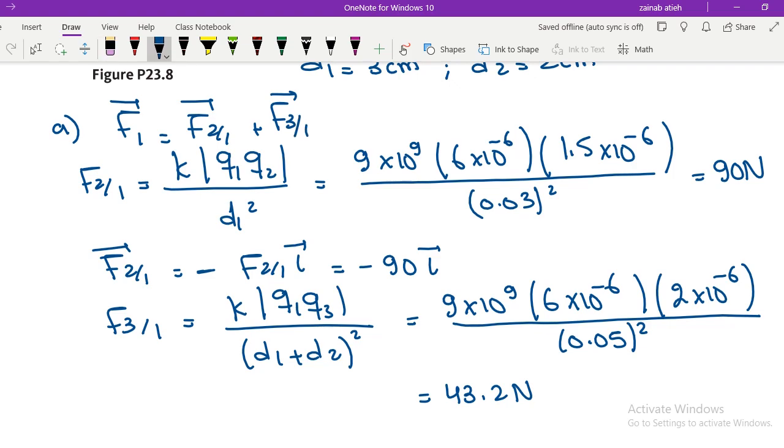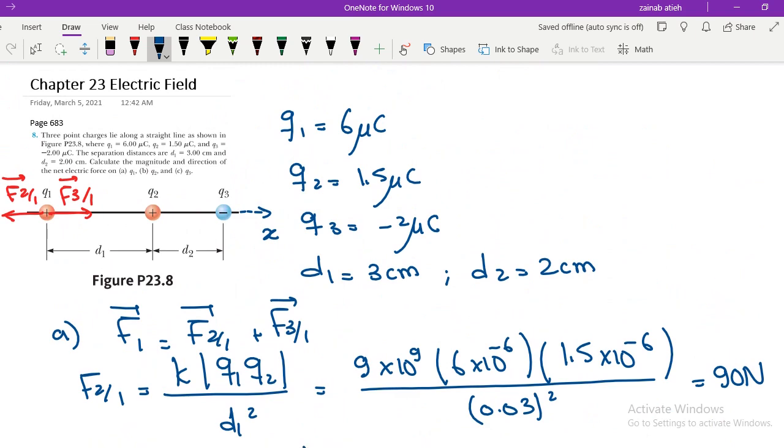Now I've written F3 on 1 as a magnitude. I need to write it as a vector. Go back to the figure, look at F3 on 1.